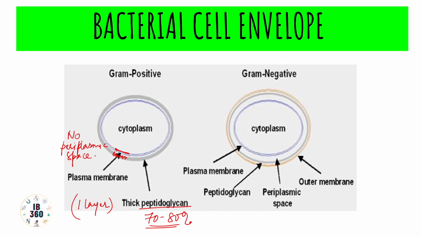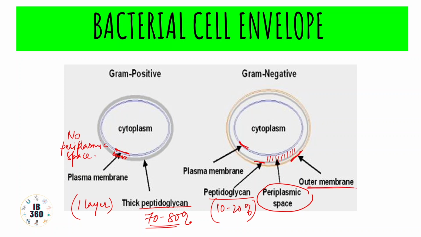In gram-negative bacteria, they have the plasma membrane and a very well-defined periplasmic space. You see, this is entirely the periplasmic space over here. Then there is a thin layer of peptidoglycan, and this is almost 10 to 20%, very less compared to gram-positive ones. And then they have the outer membrane.